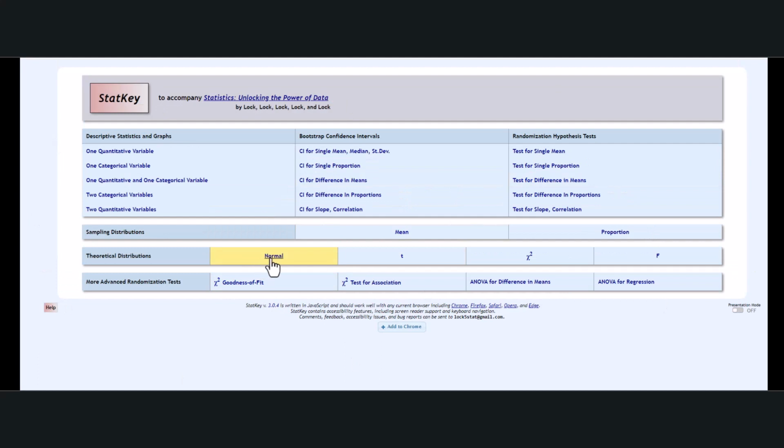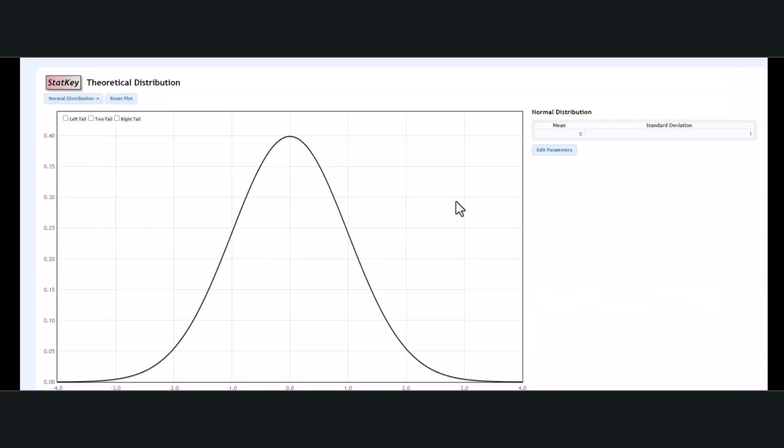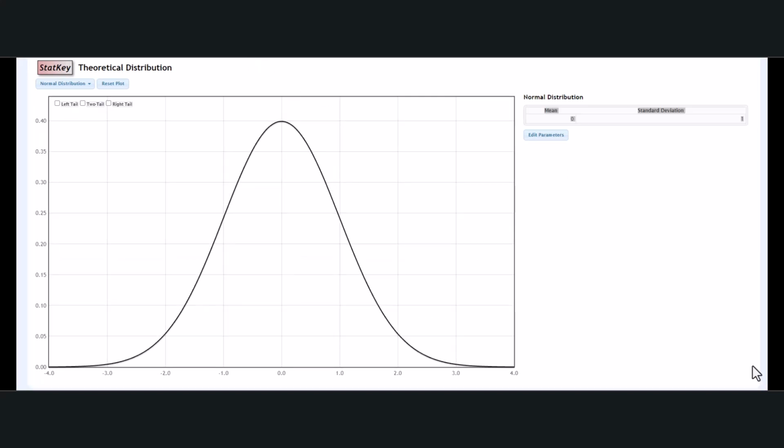We are looking at normal distributions, so just click on normal, and it shows you the normal distribution with mean 0 and standard deviation 1. And you can edit the parameters to enter a different mean and a different standard deviation, the way we are going to do now. But before we go to the other normal distributions, let's do some calculations regarding this standard normal distribution using STATKEY.